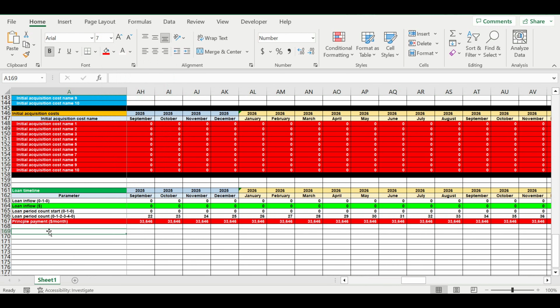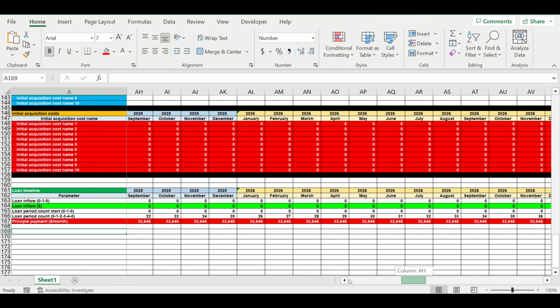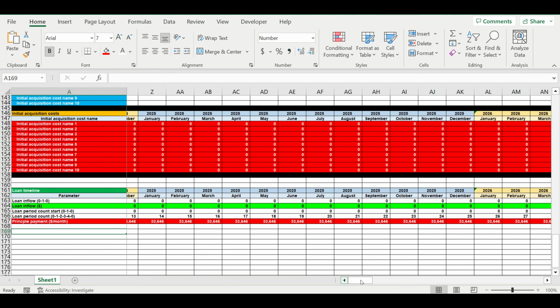Then we need to calculate interest payments. We need to calculate the amount of principal at any given moment in our project.